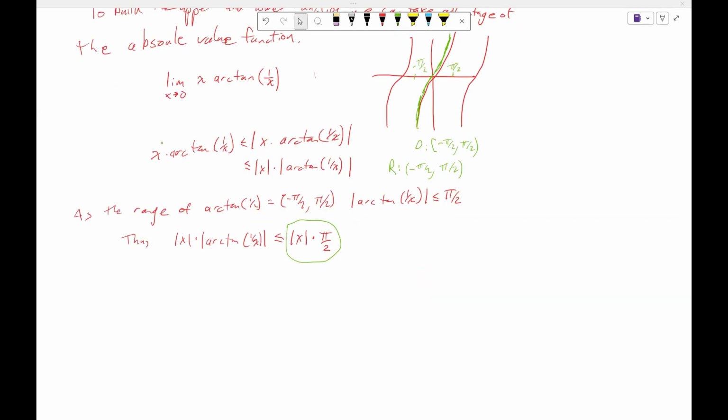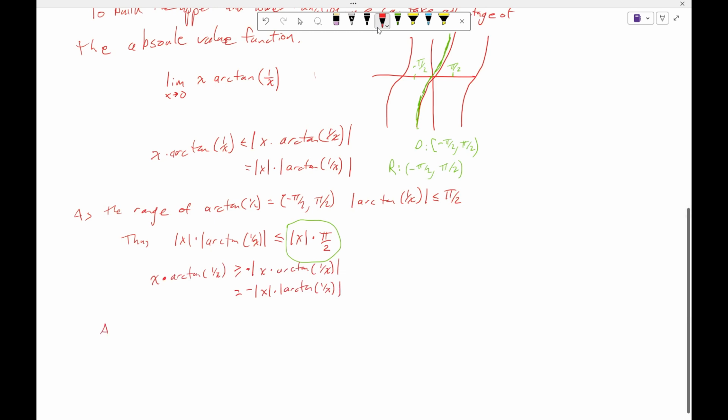So for the lower bound, x times arctan of 1 over x is greater than or equal to minus the absolute value of x times arctan of 1 over x, which equals minus the absolute value of x times the absolute value of arctan of 1 over x.